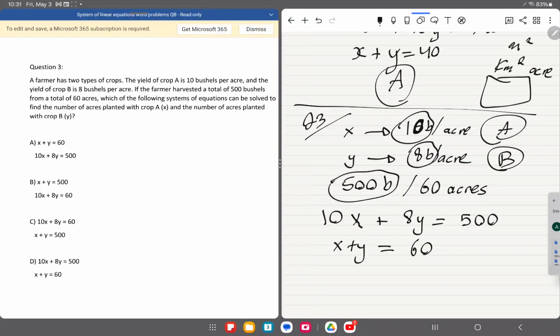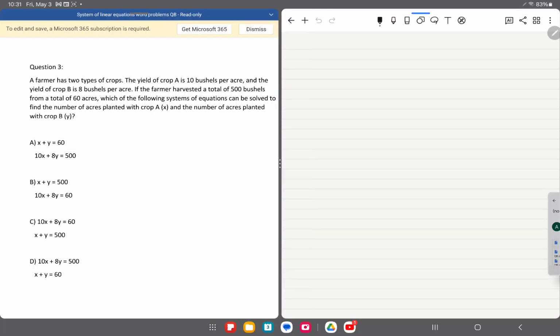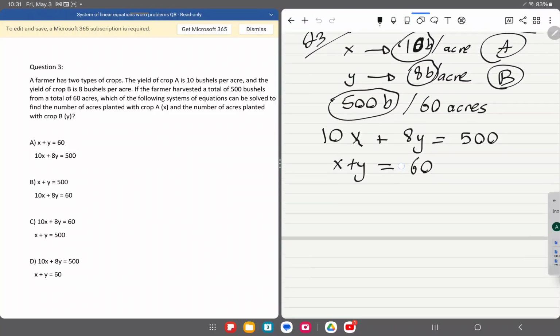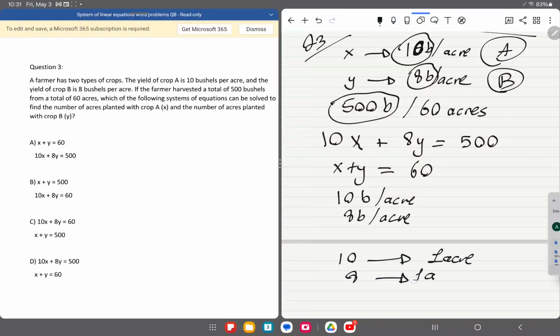Now, how did I think about this? Let's put it into a different perspective, a different way of solving. If I've got 10 bushels per acre and 8 bushels per acre, I guess we can use 1 acre to see it visually.